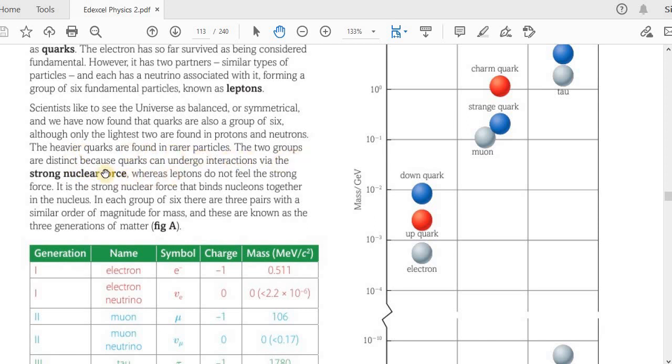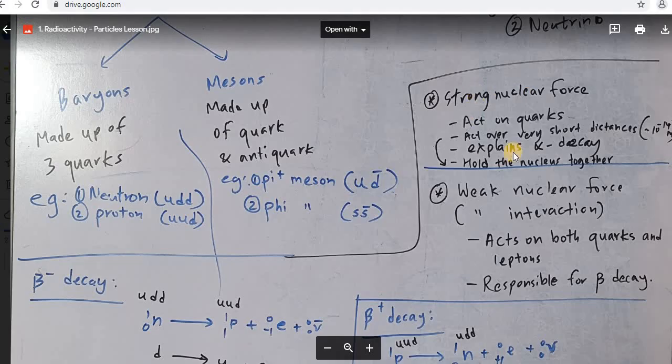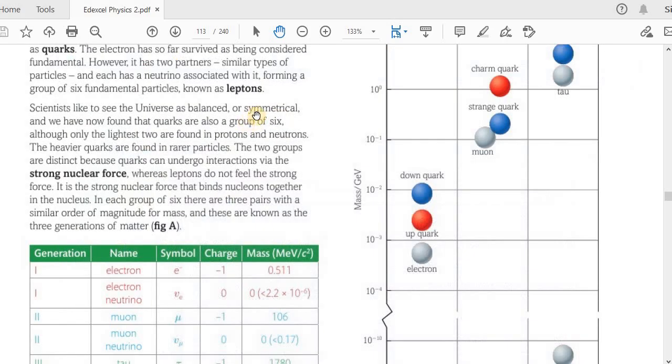The 2 groups are distinct because quarks can undergo interactions via the strong nuclear force. If I go back to my notes here, you can see the strong nuclear force acts on quarks but doesn't act on leptons. Weak nuclear force acts on both quarks and leptons. Leptons do not feel the strong nuclear force.